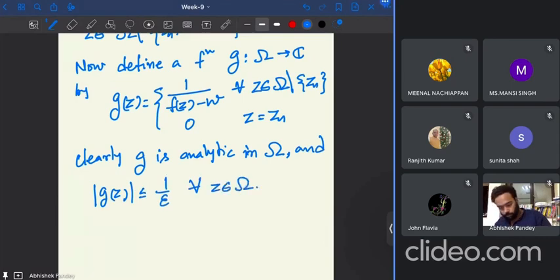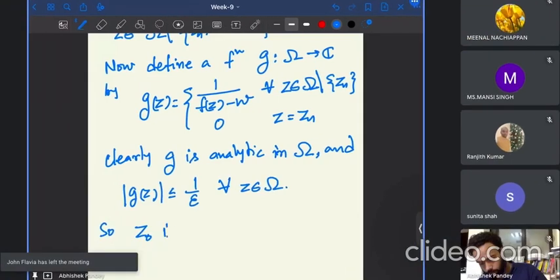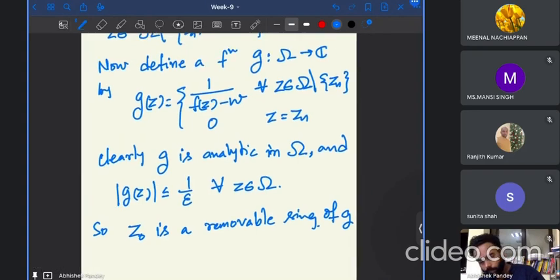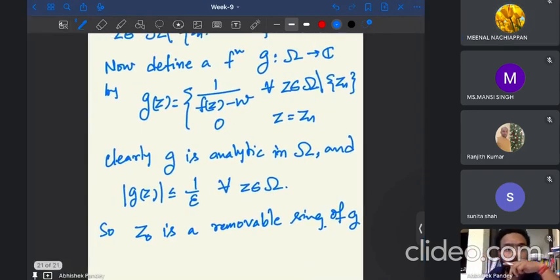Okay, so z naught is a removable singularity of g, because in the neighborhood of z naught, this is bounded. Is it clear? Okay.